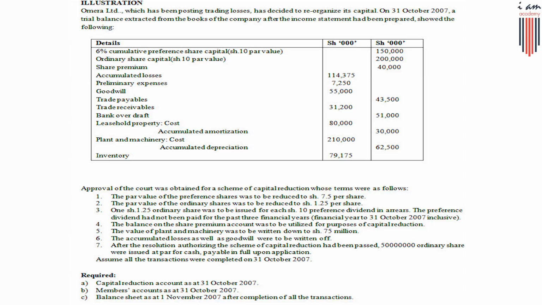You need to remember that our net book value of the plant and machinery was a figure that we must have calculated, where we took the 210 million, we subtract the 62,500, and we were able to get 147,500,000. We are reducing that 147,500 to 75 million.